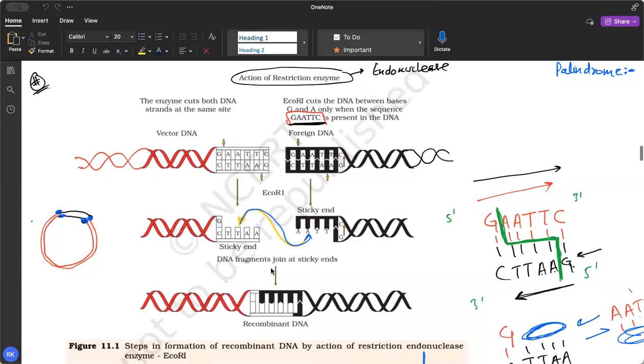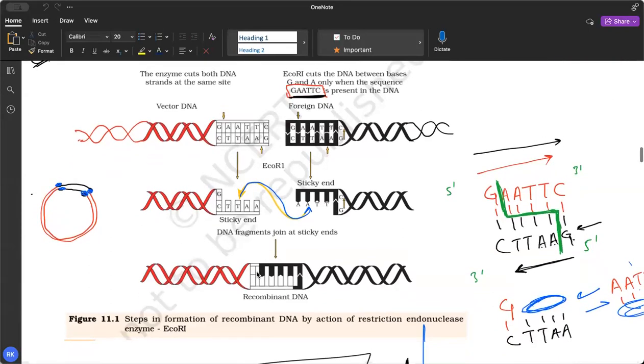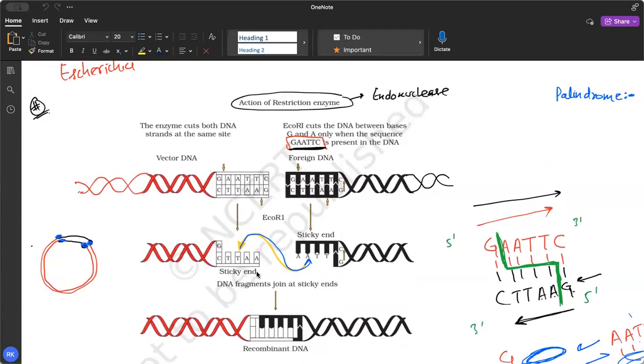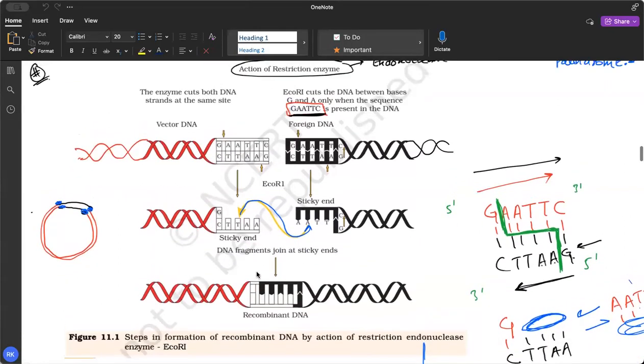I hope there's no doubt here, any doubt? On how restriction enzymes work, you can just look at this diagram, take some time, look at it and tell me if you understand it. If you see it and you understand it, then you probably know the concept. If you see it and you're confused, if you don't recollect, then maybe you have forgotten.